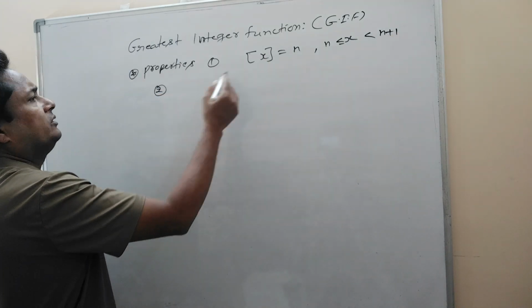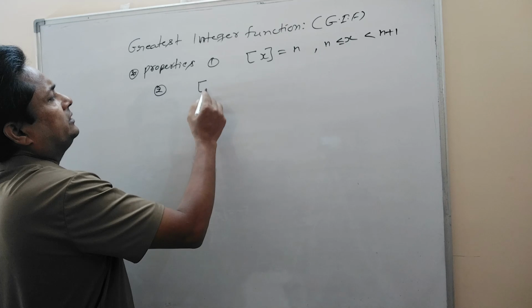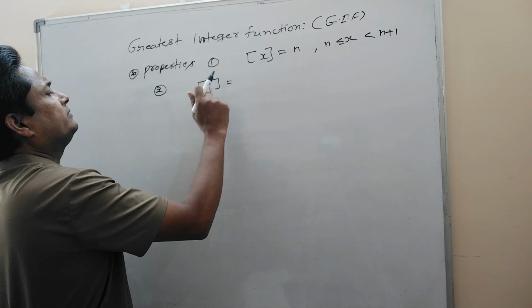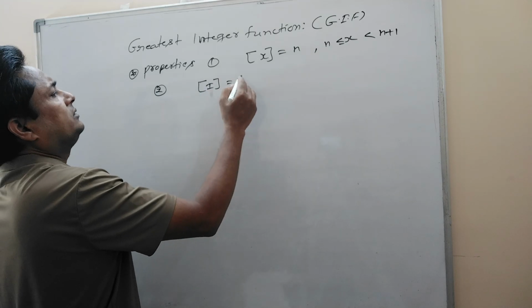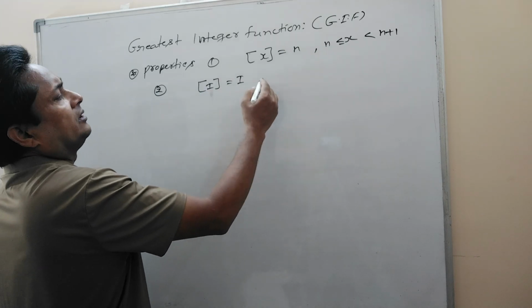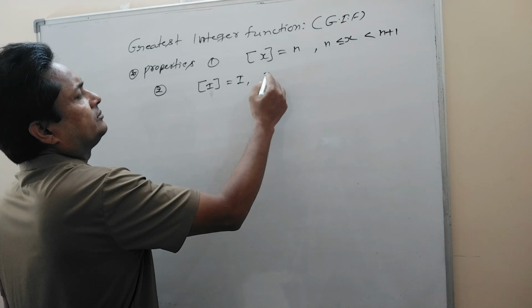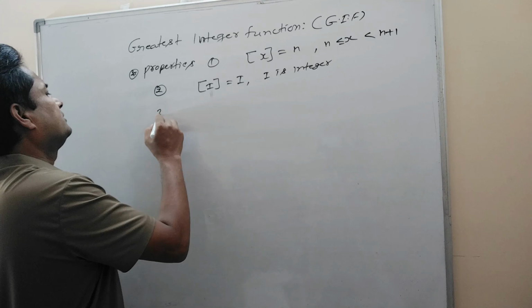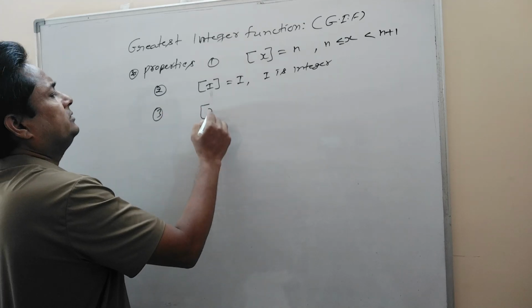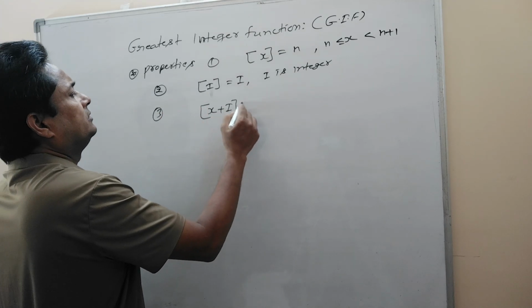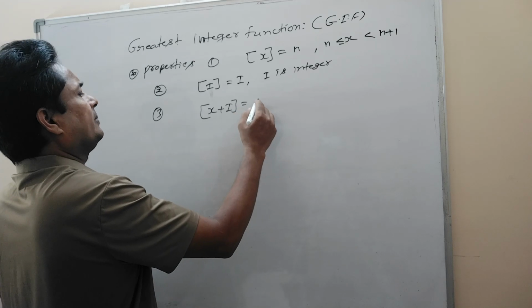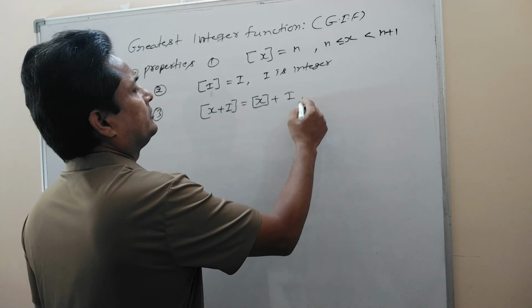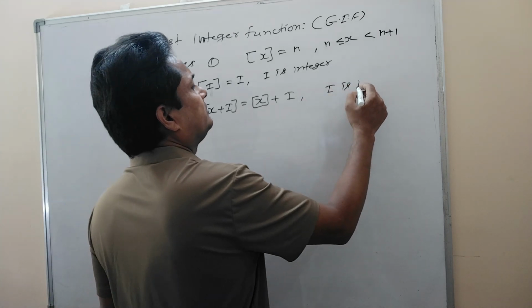The second property is: the greatest integer of I is equal to I, where I is an integer. The third one is: the greatest integer of x plus I is equal to the greatest integer of x plus I, where I is an integer.